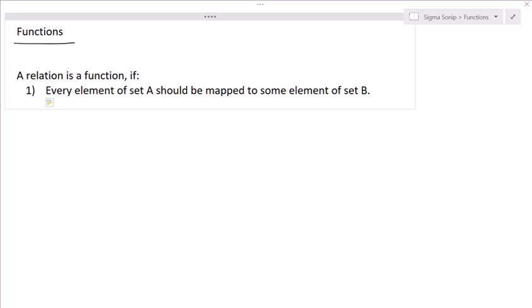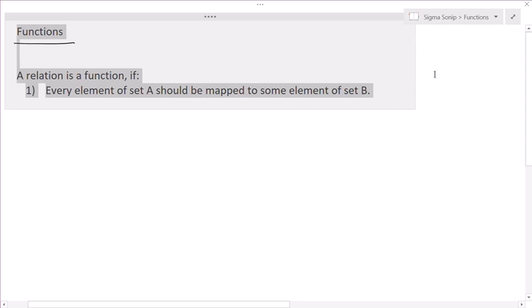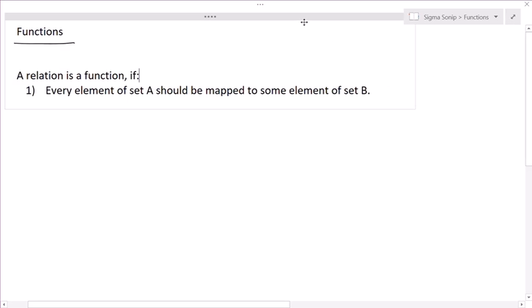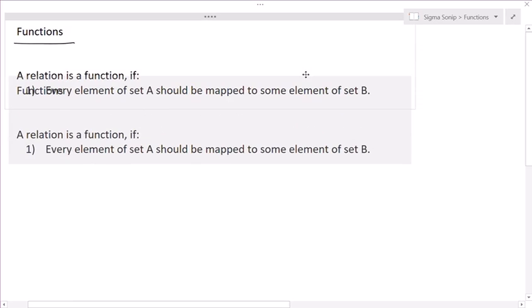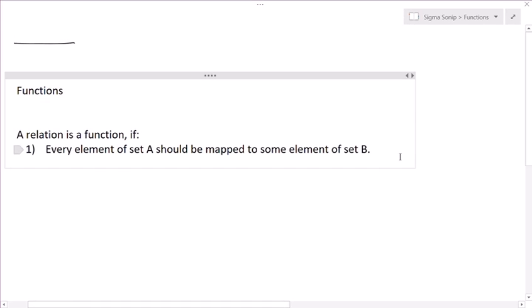When you look at it, it has an interpretation, and you can interpret this in terms of domain as well. We know that the domain is the set of all the first elements of a relation.